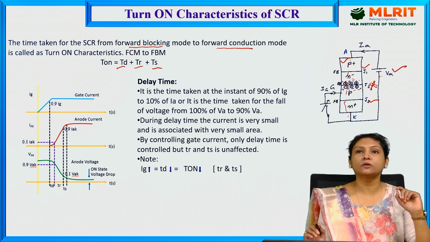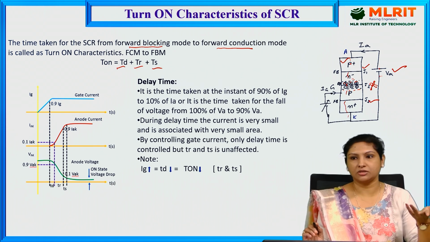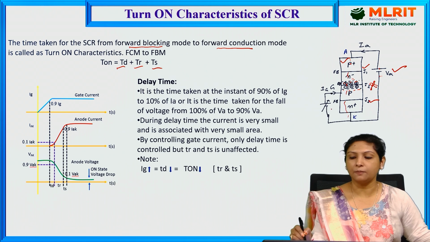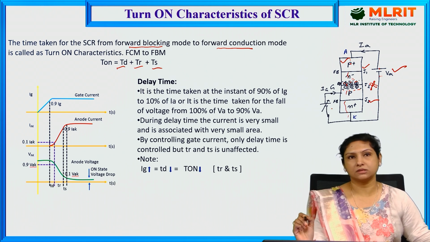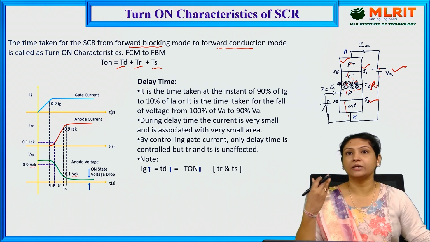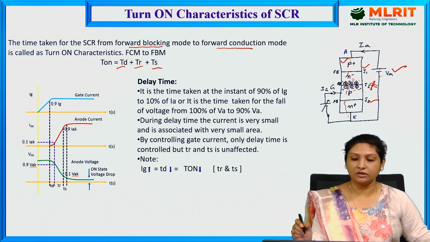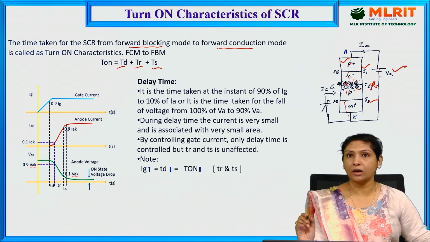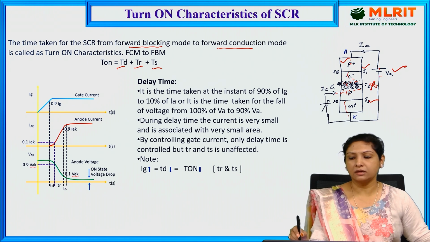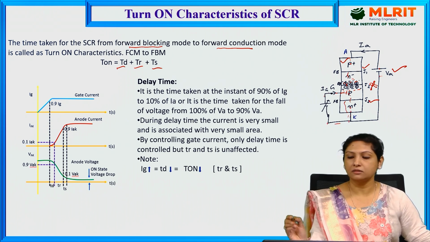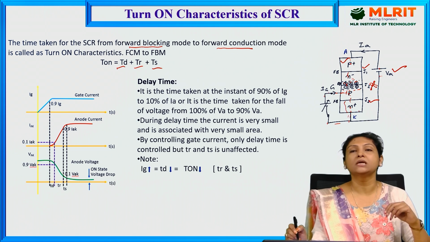In order to bring the SCR into the conduction state from forward blocking mode, we apply the gate triggering pulse. Under such a condition, the moment we apply the gate triggering pulse, the gate current flows in this direction. Here, the lower N layer, which is connected to the cathode, is usually heavily doped.